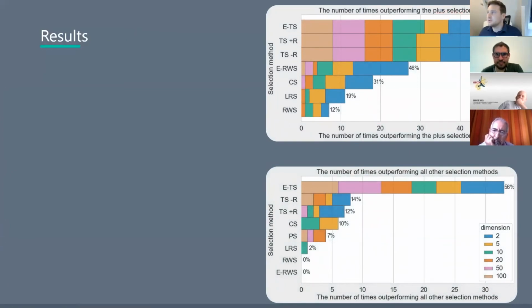And here we see that they all outperform the plus selection method. It's the same type of graph, only now comparing to the plus selection method and not all selection methods. They all outperform the plus selection method on, I believe, 8 out of 9 100 dimensional, 8 out of 9 50 dimensional. And here the differences are really, really slim.